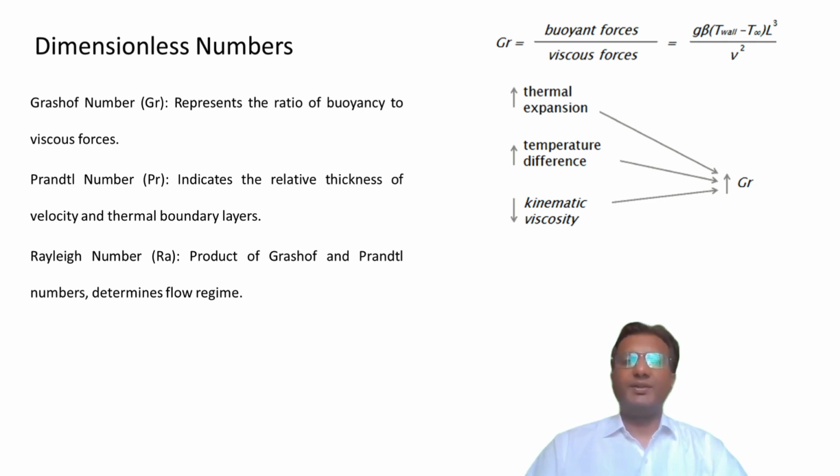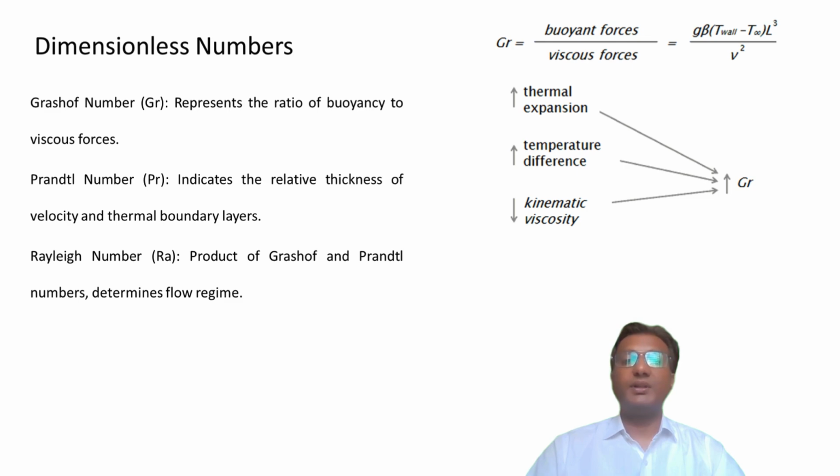Dimensionless numbers are essential for analyzing natural convection. The Grashof number represents the ratio of buoyancy to viscous forces driving fluid motion due to density differences. It depends on the thermal expansion coefficient, temperature difference, characteristic length, and kinematic viscosity. A higher Grashof number indicates stronger convection currents. The Prandtl number, Pr, is the ratio of momentum diffusivity to thermal diffusivity, indicating the relative thickness of velocity and thermal boundary layers.